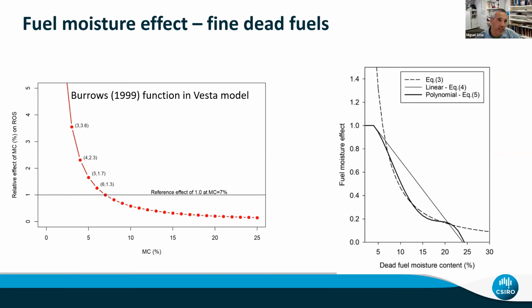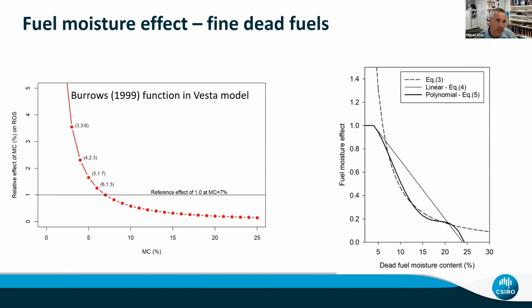Also, when you think about the other extreme of the moisture content range, when you go to 20, 25 and above, you expect the fire to self-extinguish as the moisture content is above the fuel moisture of extinction.